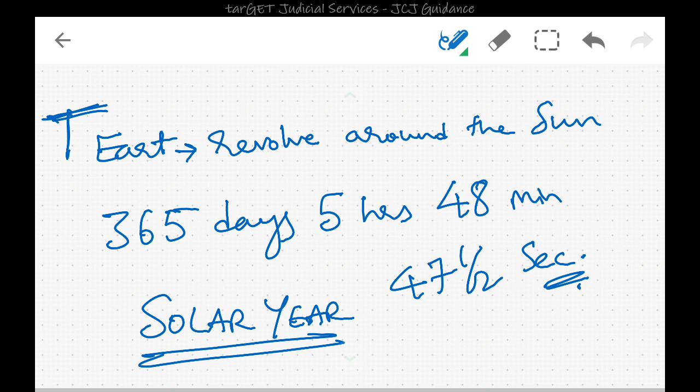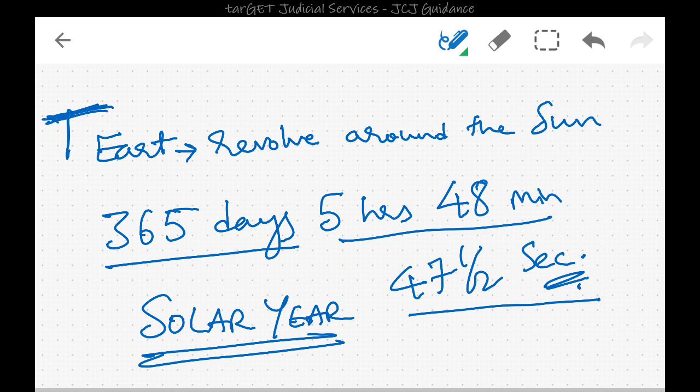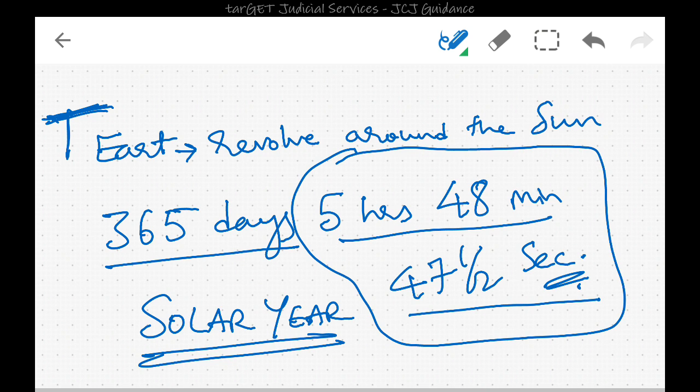But as this is not a round figure, 365 days, 5 hours, 48 minutes and 47.5 seconds, we are excluding this and we are using these 365 days as a normal year.